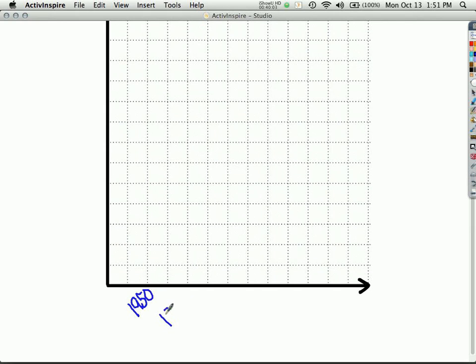Skip one and put this as 1960. So these are the points I'm using right here, here, here, here, and here.